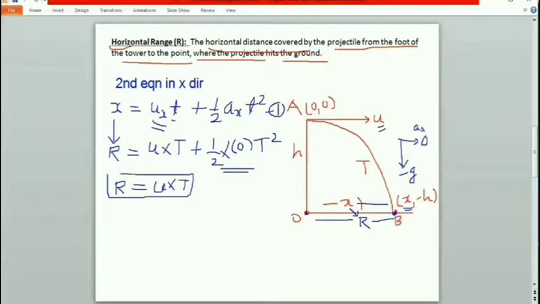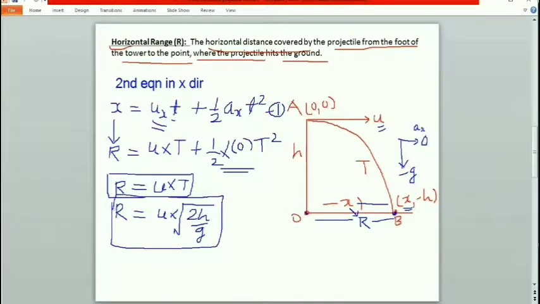You can also put the value of capital T, time of flight. We have earlier calculated it. The value of time of flight is root 2h by g. So this is the expression for horizontal range under horizontal projectile motion.